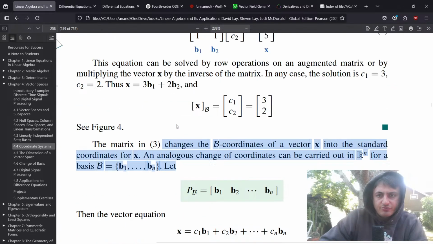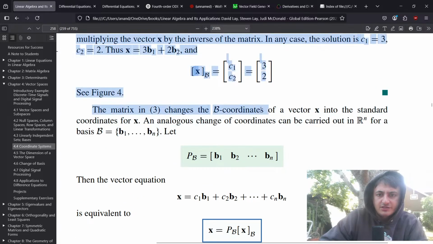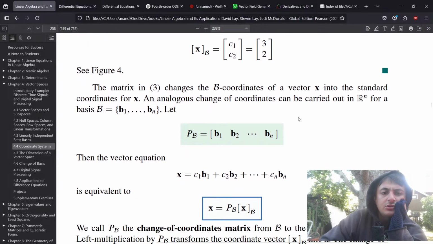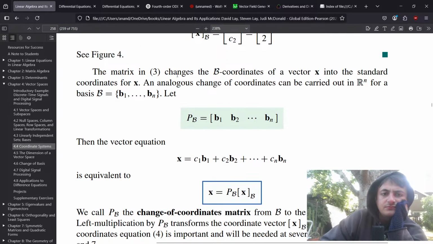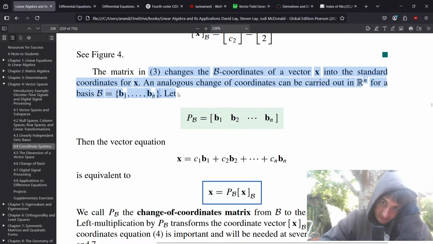The matrix in 3 changes the B coordinates of a vector x into the standard coordinates for x. An analogous change of coordinates can be carried out in Rn for a basis b1 to bn.